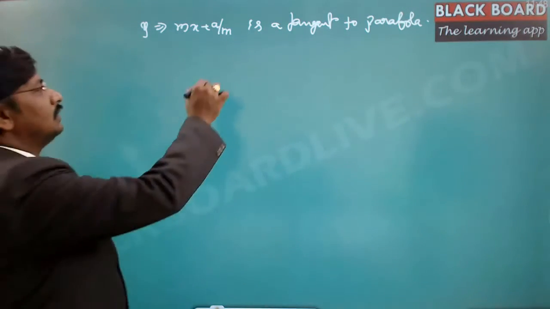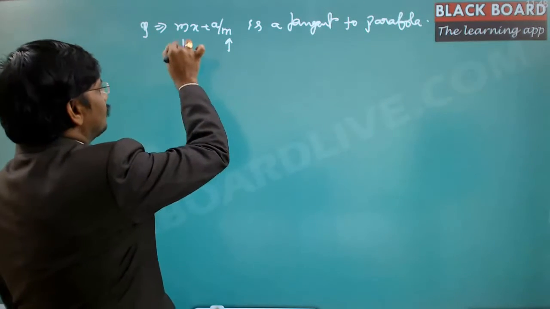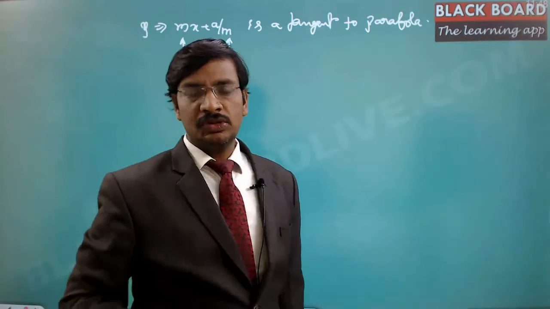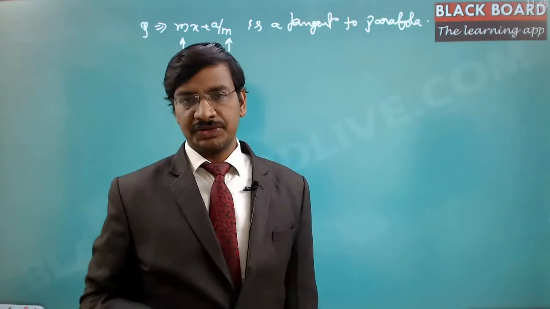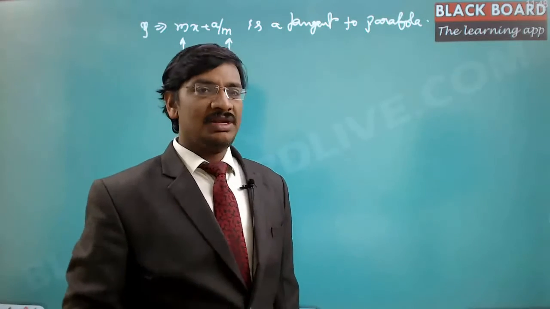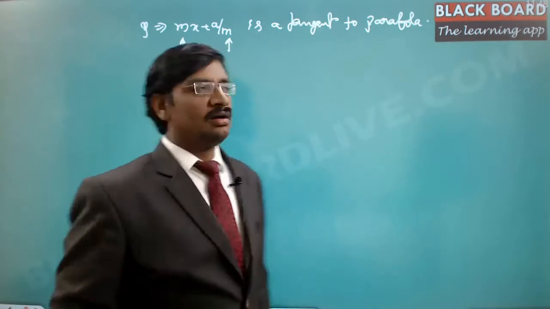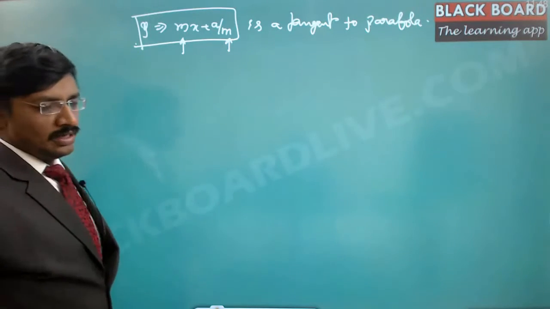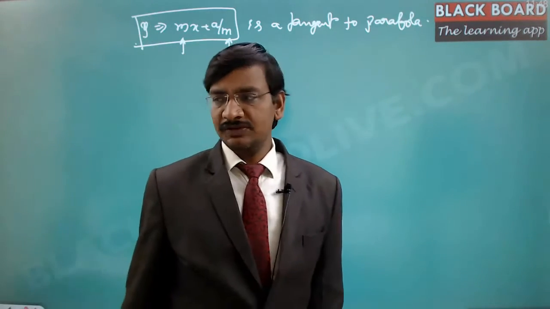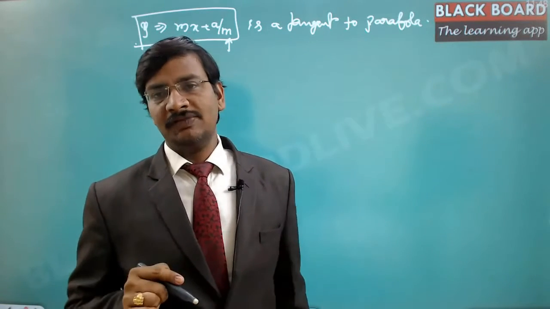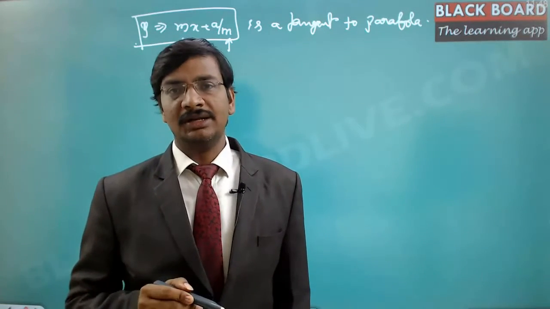Here m is the variable we have considered. For a given slope, you have drawn a straight line. Now whether it is a tangent to the parabola or not, if this equation is satisfied for that particular value of m, you know that it is going to be the equation of the tangent to that parabola. So based on the slope, you are identifying whether that particular straight line is a tangent or not.